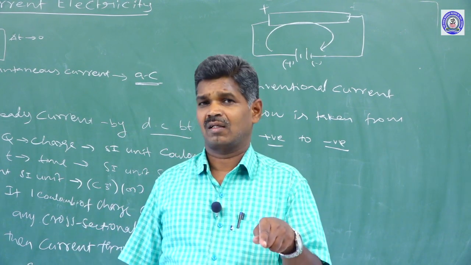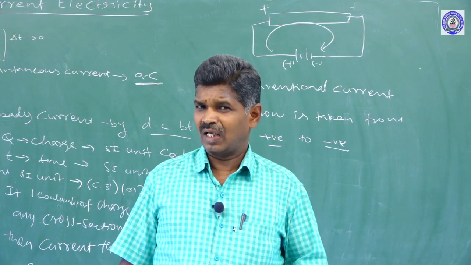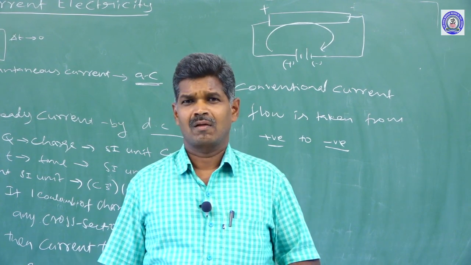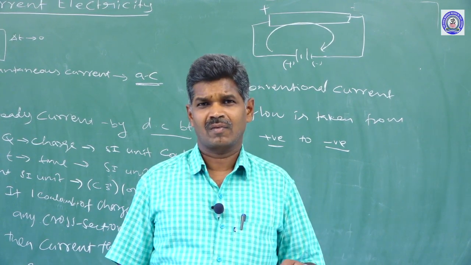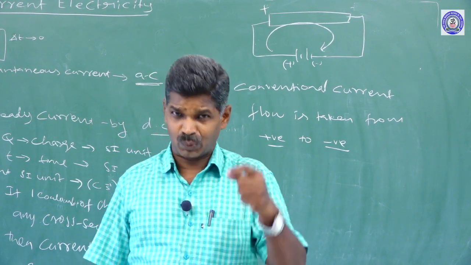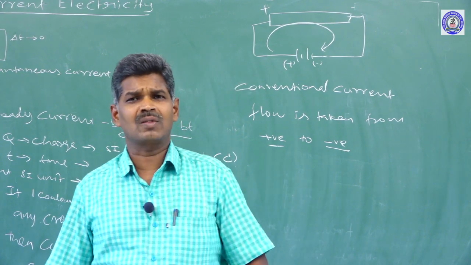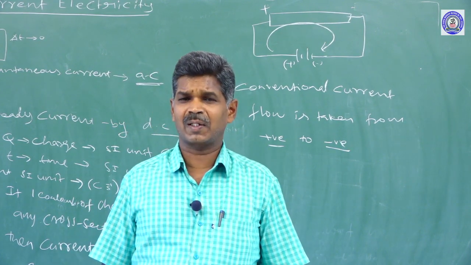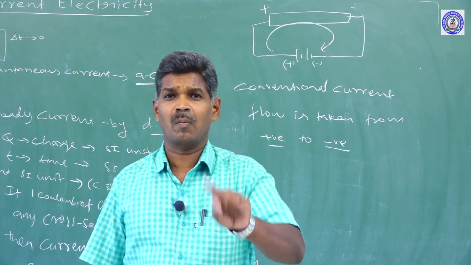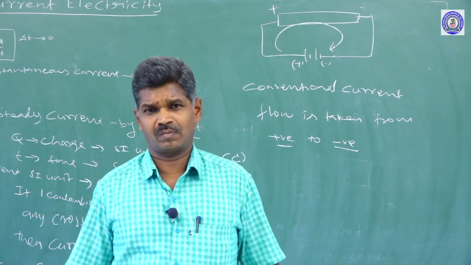But in nature, there are only free electrons in a conductor for current flow. Those free electrons move from lower potential to higher potential, that is, from the negative terminal of the battery to the positive terminal. That is why the conventional current direction is taken opposite to the direction of electron movement.